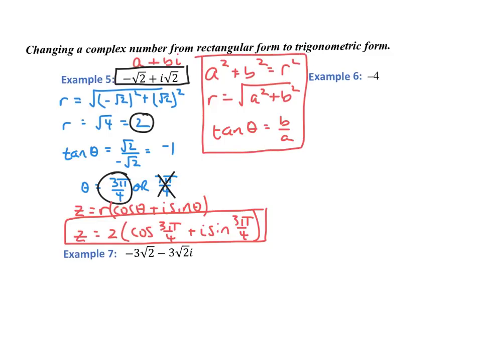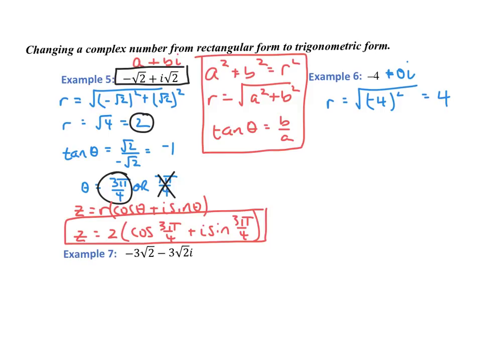So in example 6, doing the same thing. Basically, if you need to look at it, there is no I, so it's negative 4 plus 0I. r is going to equal the square root of negative 4 quantity squared plus 0 squared, which is essentially 4.